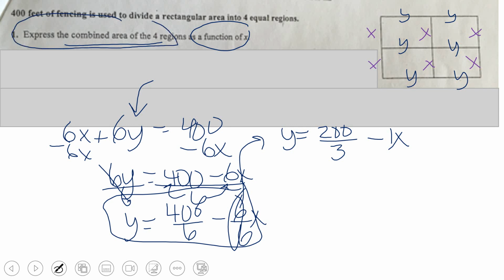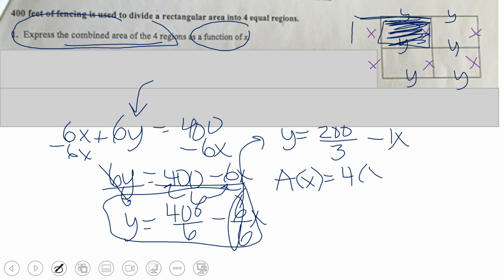So let's go back to this first part. There's more than one way to correctly do this, but I'm going to choose to do the area of just one of the smaller rectangles, and then I know there's 4 like it. The important thing is you do have to have a function that represents area. So A of x equals 4 times, since each small equal rectangle's area is the width times the length.